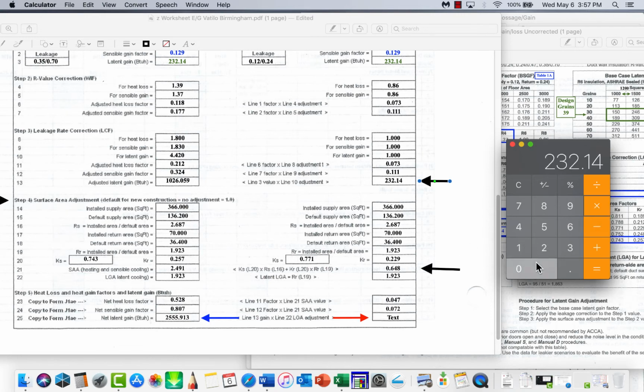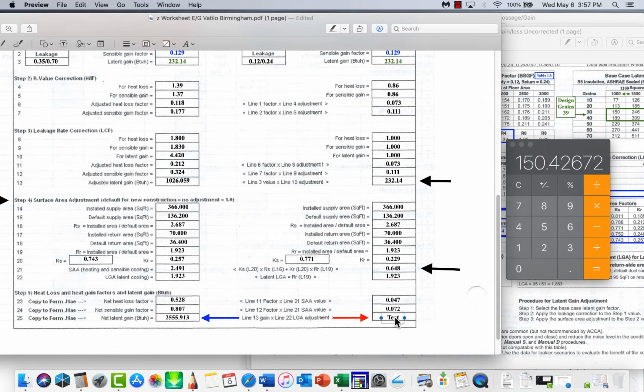Times 0.648. There we go. So we end up with just a mere 150.427. Okay. So these are all our numbers.